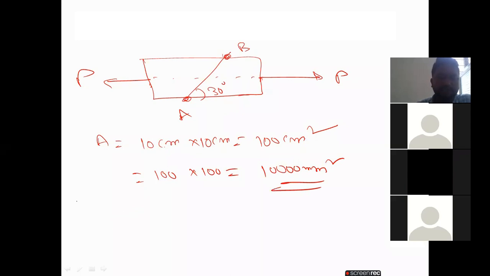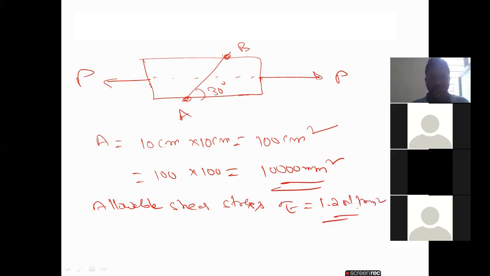The allowable shear stress sigma T equals 1.2 Newton per mm².